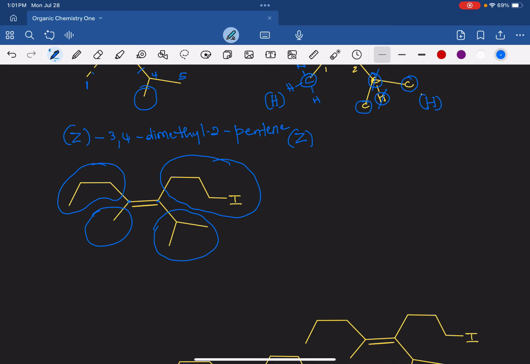So I have circled my 4 groups. The next thing you need to do, right, is look to see how many of these groups are hydrogen, or count how many groups are not hydrogen. 1, 2, 3, 4. So this is a tetra-substituted alkene.